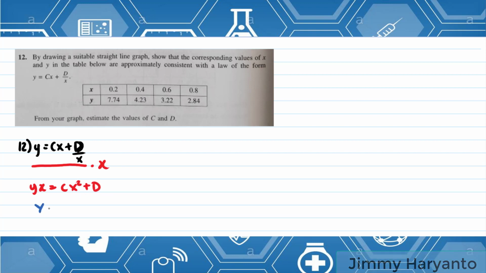And then it is already similar to y equals mx plus c. So we have to plot yx for the y-axis and x squared for the x-axis. But we don't have the table, so we will create the table first.